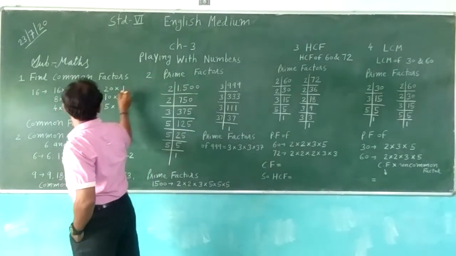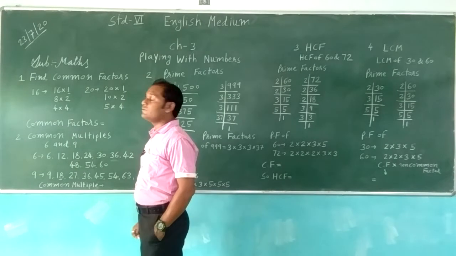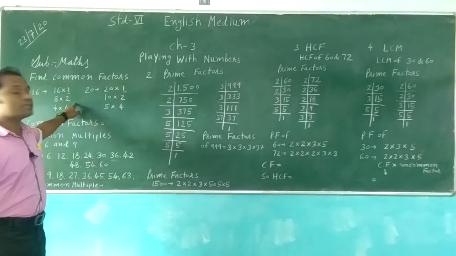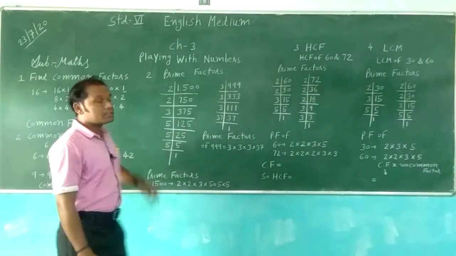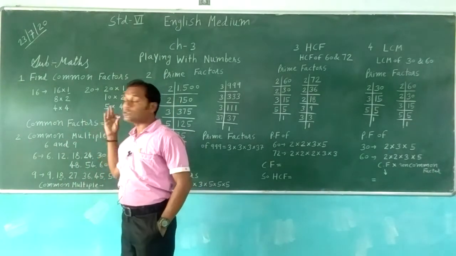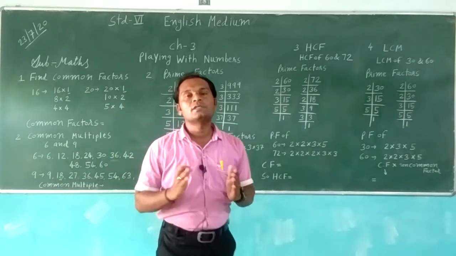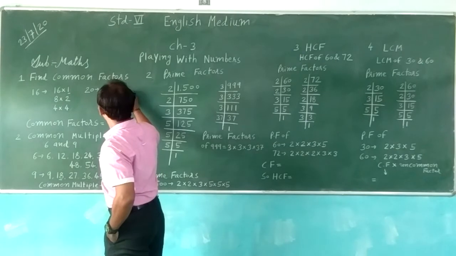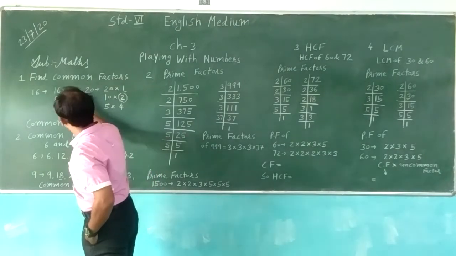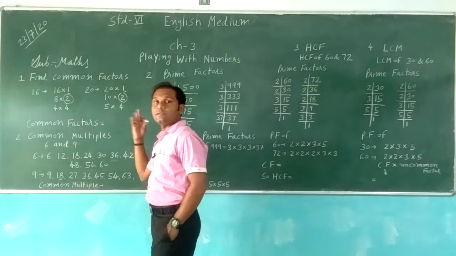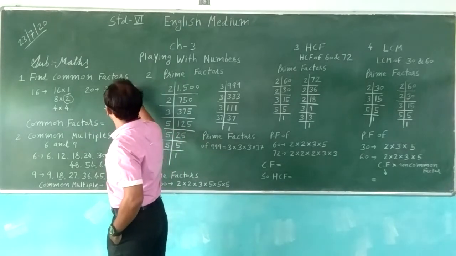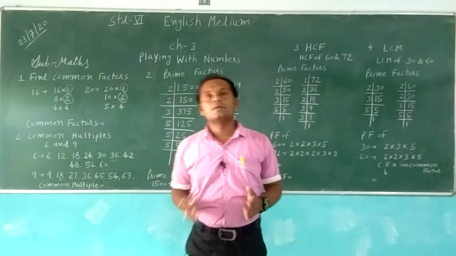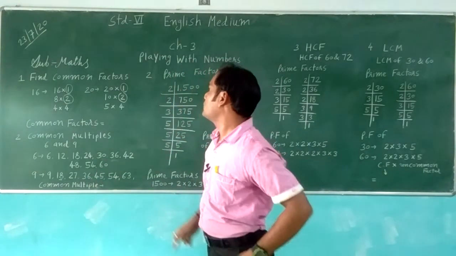So this one will be common. Now you can see, which number is common in both? Then you can see number 2. Number 2 is common in both. We'll circle 1 also, because 1 is common.